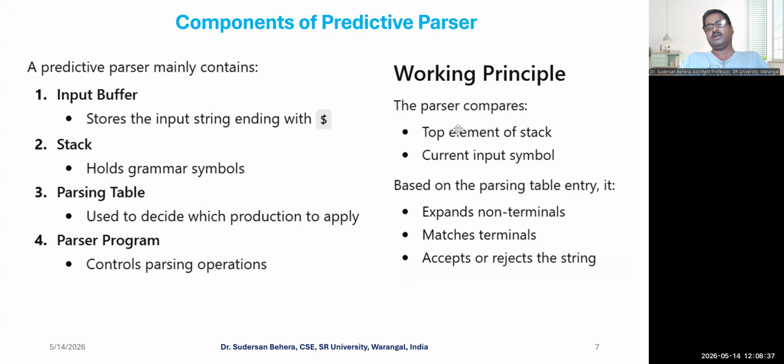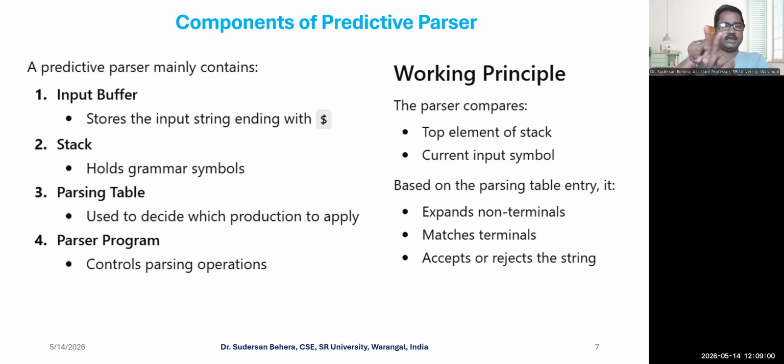What is the working principle of this particular parser? This parser considers the top element of the stack, and it reads two things at a time: the input from the input buffer and the element placed on top of the stack.